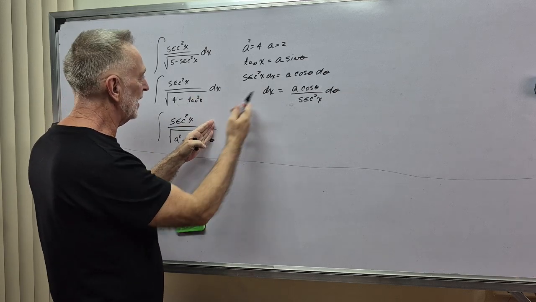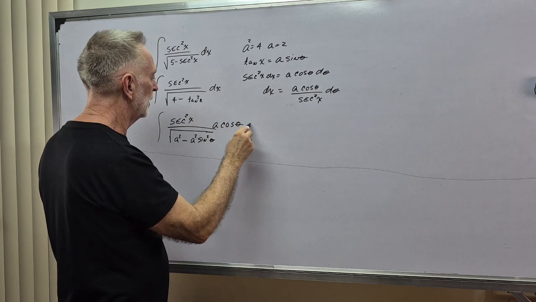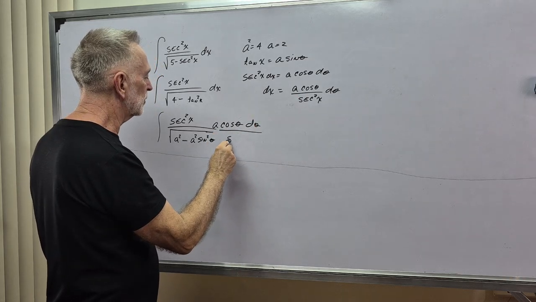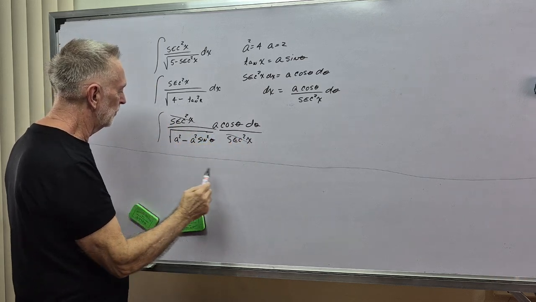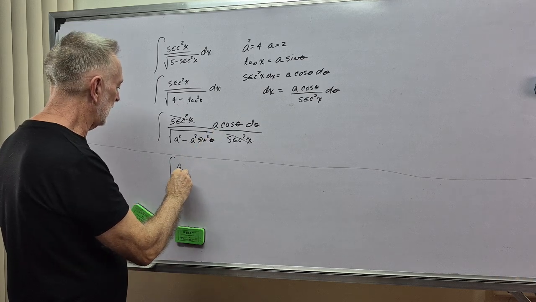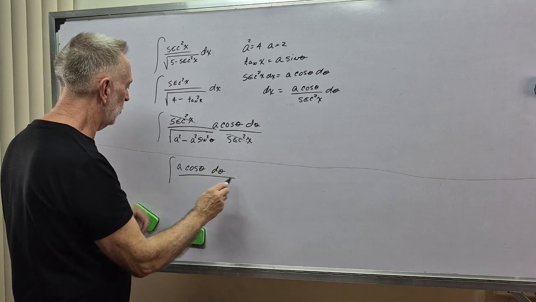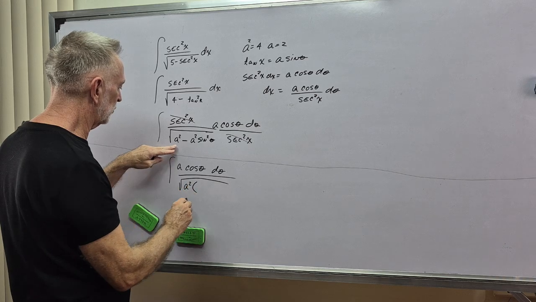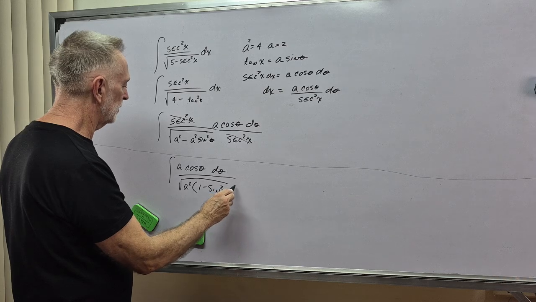So now we have a dx. Well, that equals a cosine theta d theta over secant squared x. Ooh, yeah, those cancel. Okay, so now I have the integral of a cosine theta d theta over the square root of, I'm going to factor out the a squared, 1 minus sine squared theta.